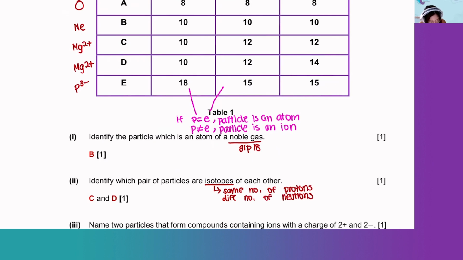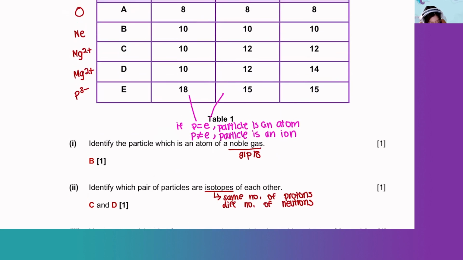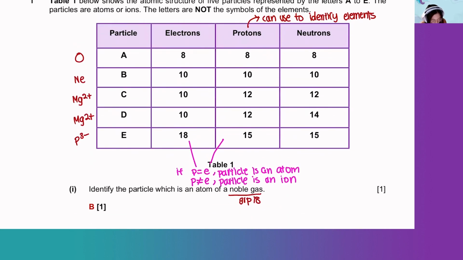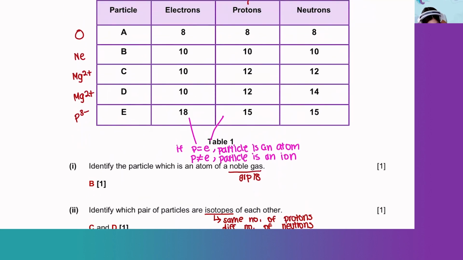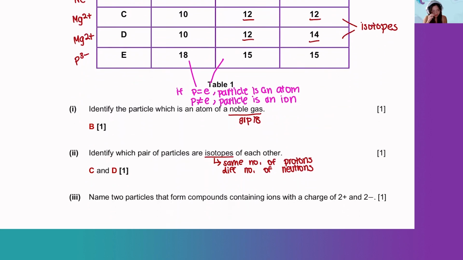So we can already tell the element should be magnesium because there are two of the same element and they have the same number of protons but different numbers of neutrons. So these two are isotopes, meaning that the part 2 answer should be C and D.